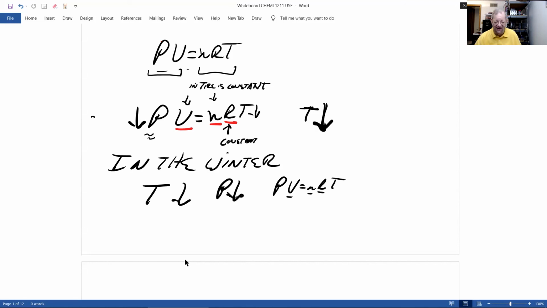V, n, and R are constant in your tires, but if T goes down, then the only thing that can change on the left is the pressure, and that's going to go down.